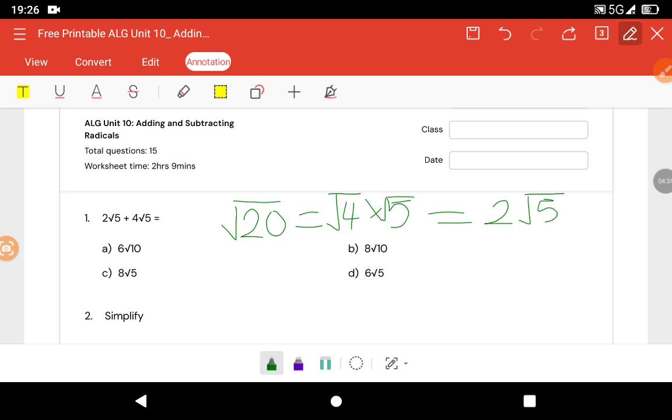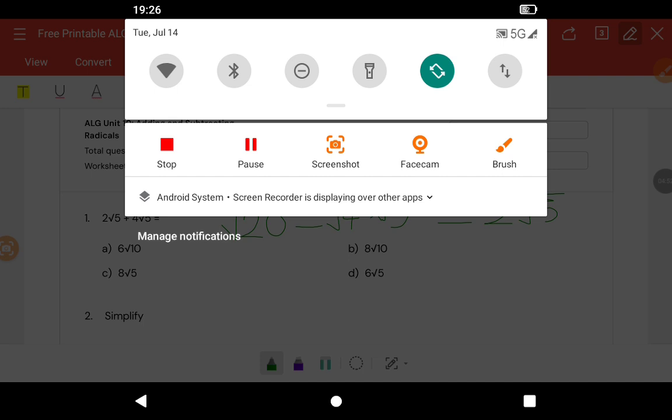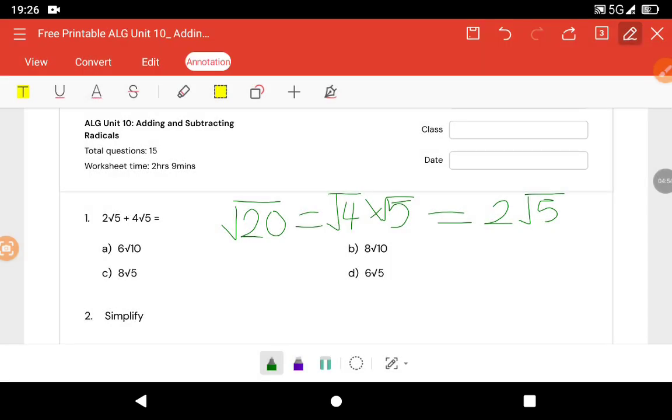So when you reduce radicals to their lowest forms, they can now be added or subtracted. But again, I want you to know something. I want you to understand that you can't just add radicals.